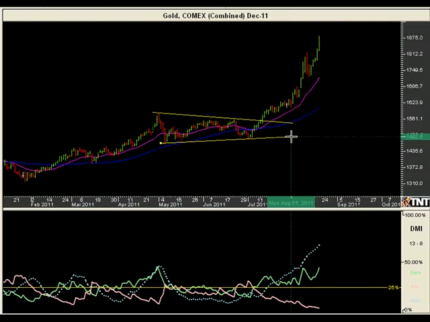So long as it's stuck below here, I know that it's ranging, and I know that it's safest to stay out until the market actually breaks out of this sideways pattern, which you can see happened right here.